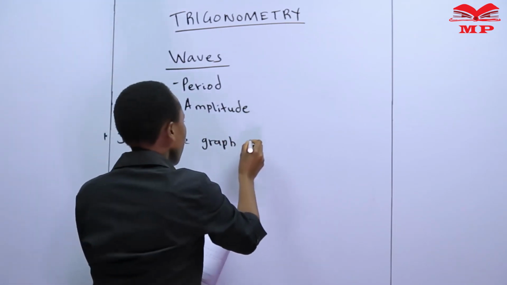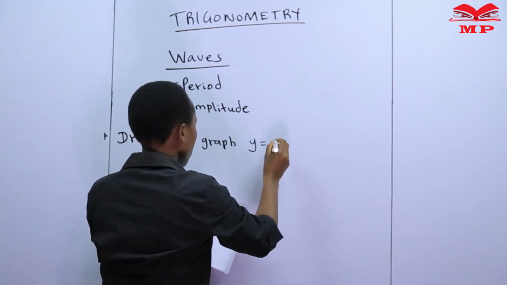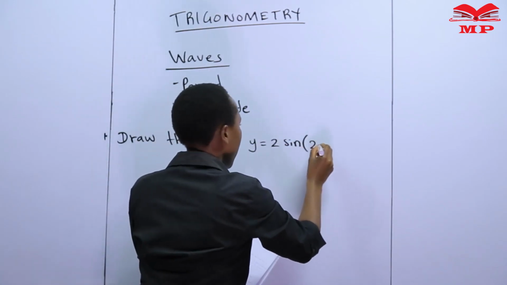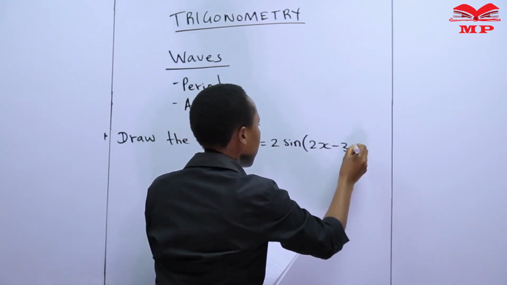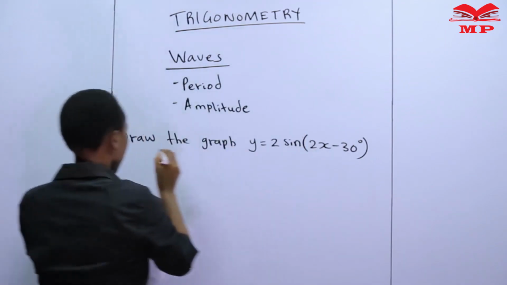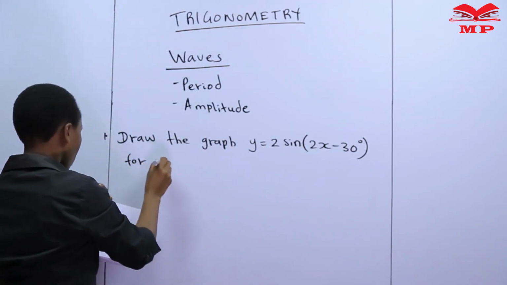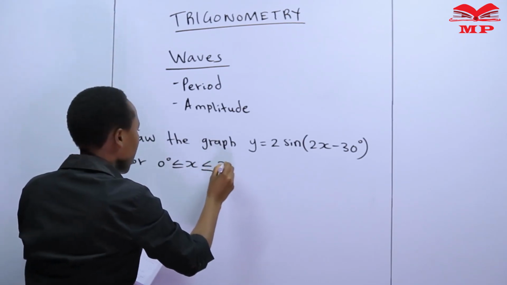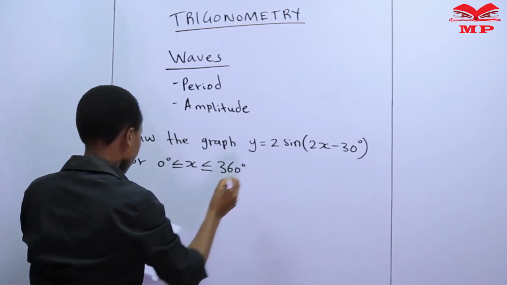We've been given y is equal to 2 sine 2x minus 30 degrees, and we have been given the range, that is from 0 degrees to 360 degrees.